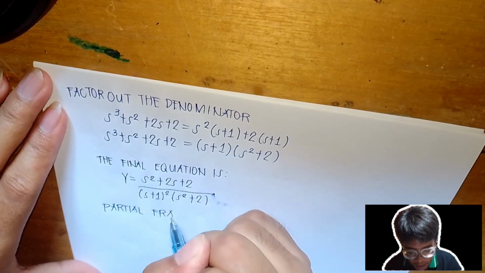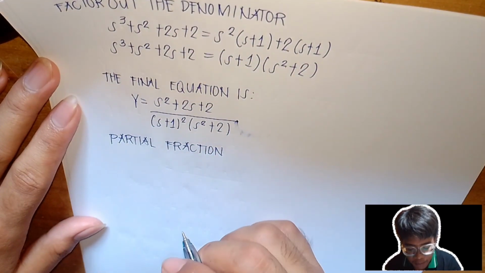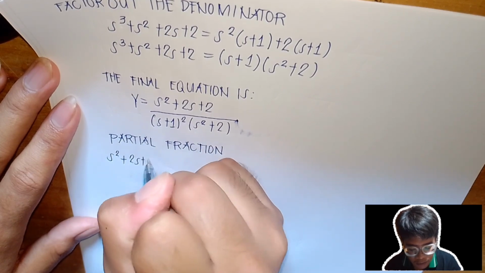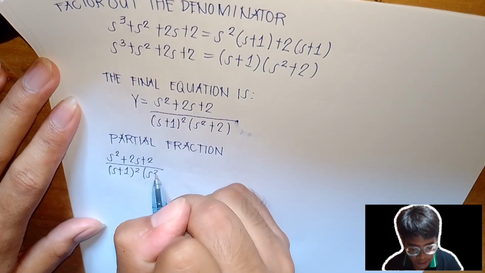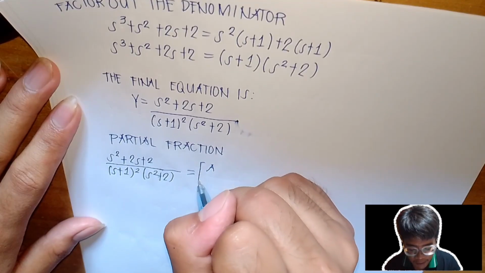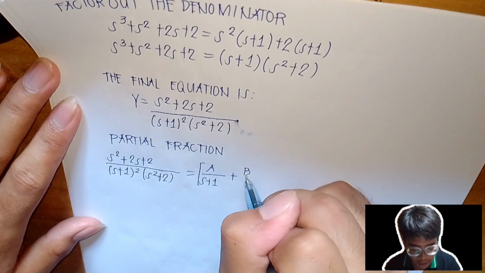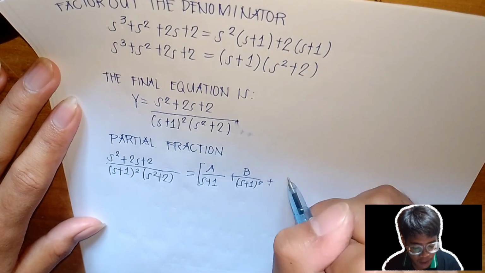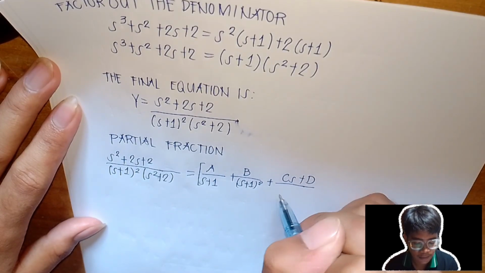Now, let's take the partial fraction of the equation. s squared plus 2s plus 2 all over s plus 1 squared times s squared plus 2 is equal to A over s plus 1 plus B over s plus 1 squared plus Cs plus D over s squared plus 2.